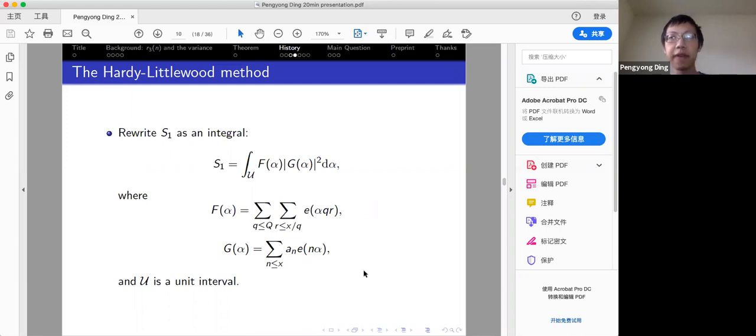The function e of x is defined as e to the power of 2 pi i x, where i is the imaginary unit. So this is the Hardy-Littlewood method, and we can use the method to separate the unit interval into a major arc and a minor arc. For the major arc, we get the main term, and for the minor arc, we get the error term.